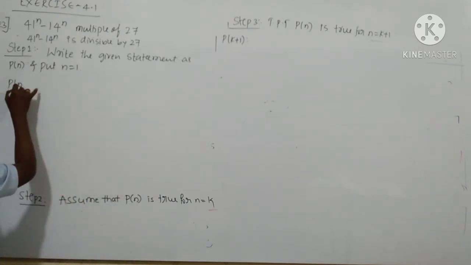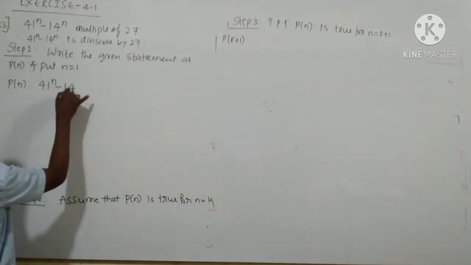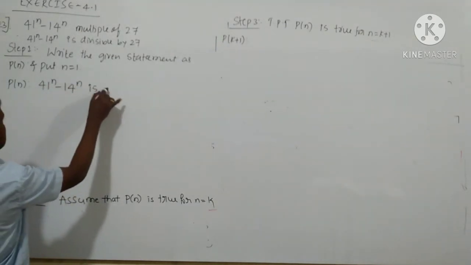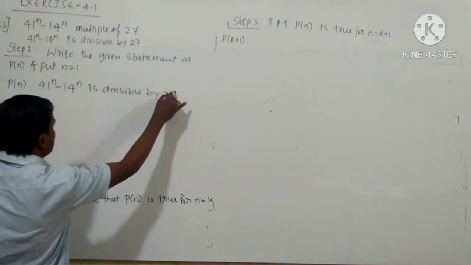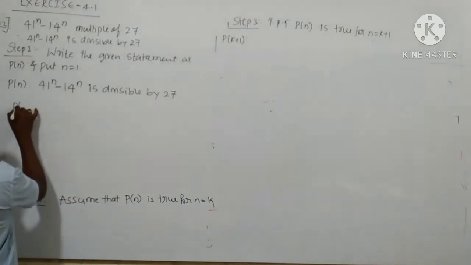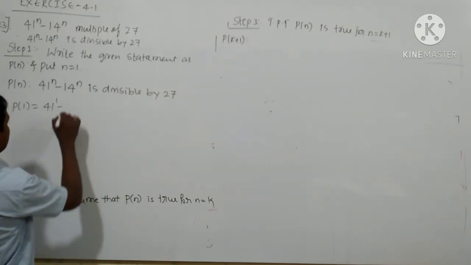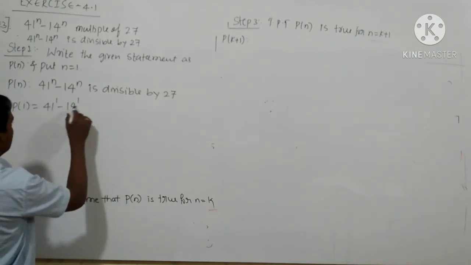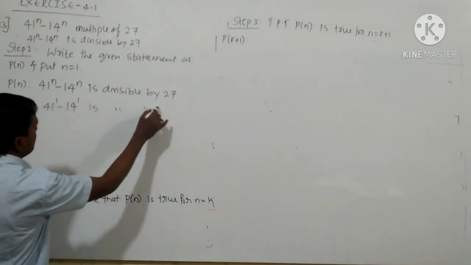So P of n is 41 raised to n minus 14 raised to n is divisible by 27. Again here we should replace the value of n by 1. 41 to the power 1 minus 14 to the power 1 is divisible by 27.